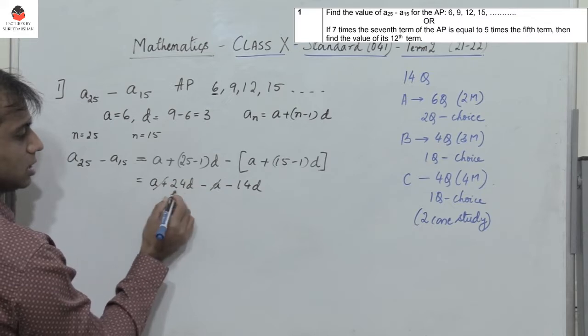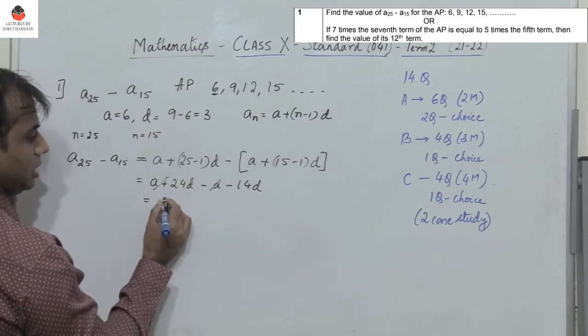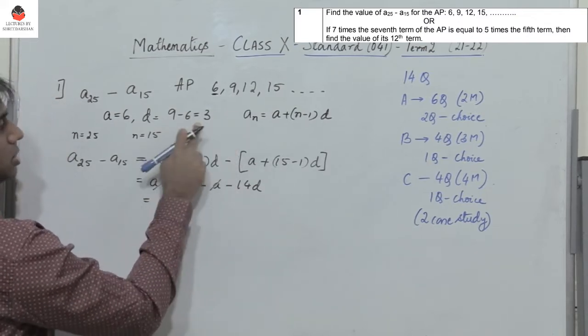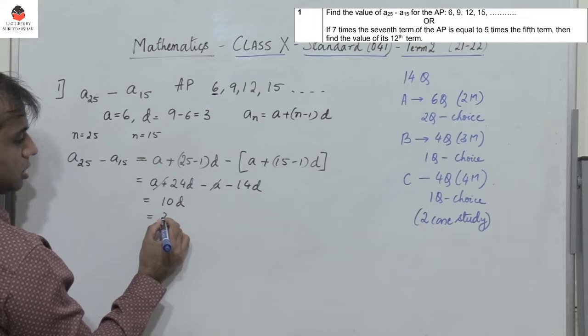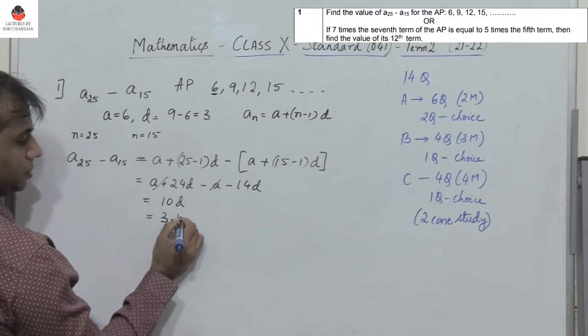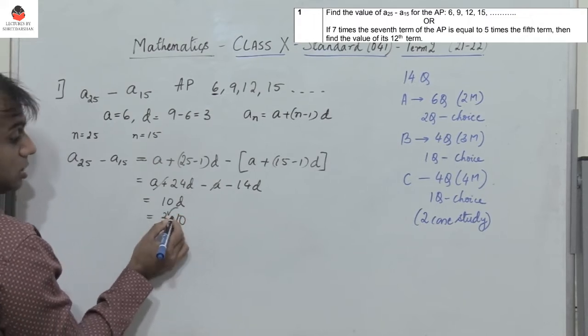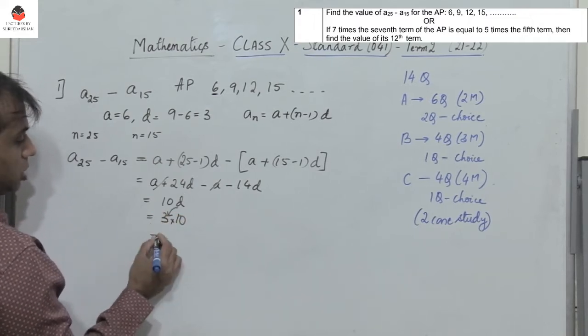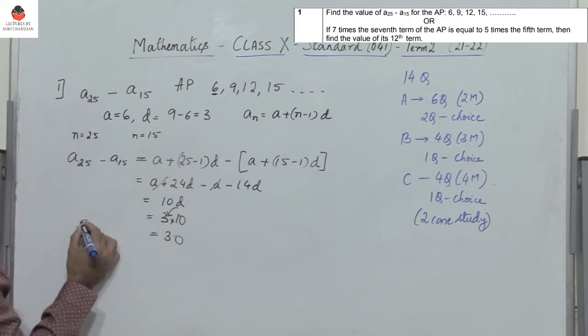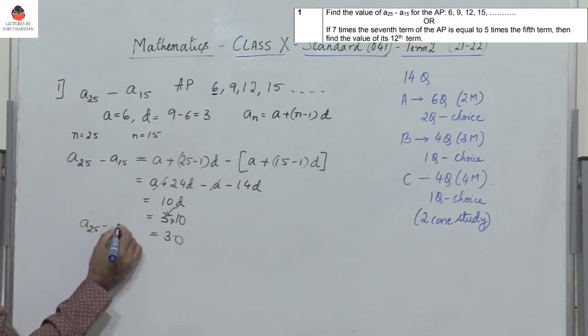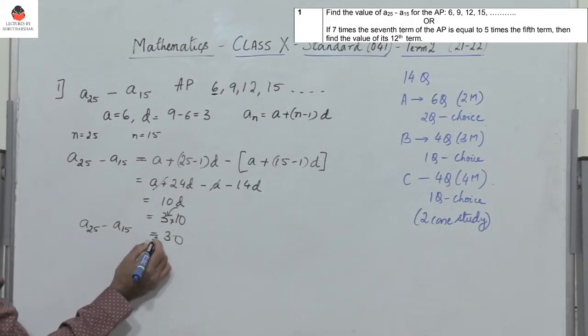So A gets cancelled. 24D minus 14D is 10D. And what is D? D is 3. So it is 3 into 10, which gives us 30. So the answer is 30, A25 minus A15 is 30.